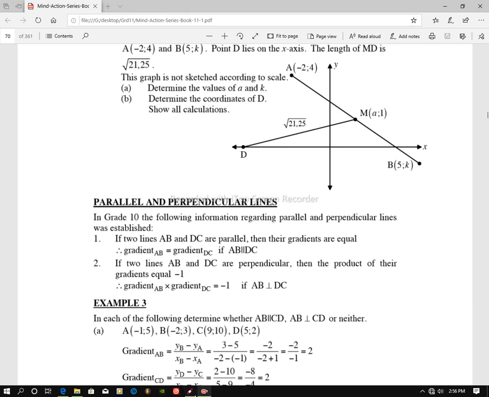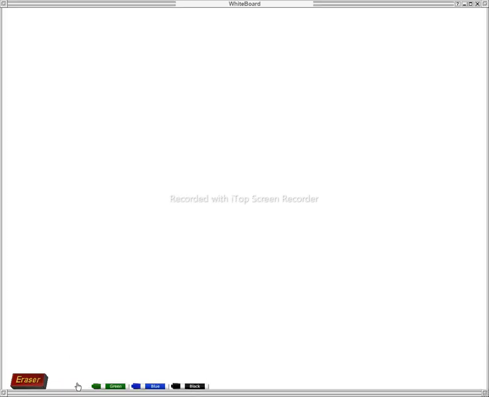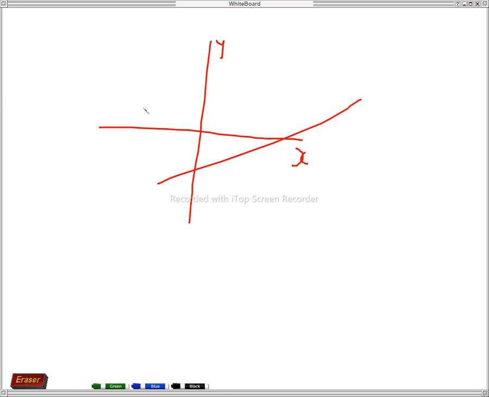Let me go to the board. Let's suppose we have the Cartesian plane, this is the y and this is the x, and we have parallel lines like this, labelled A, B, C, D.